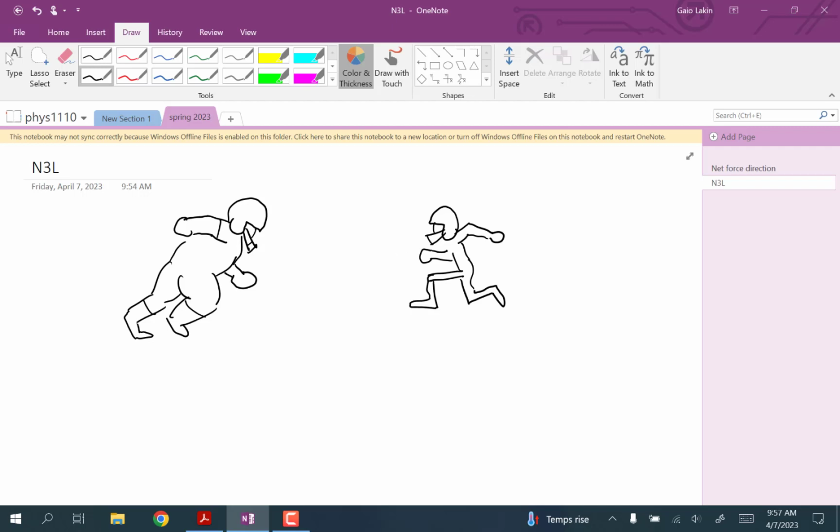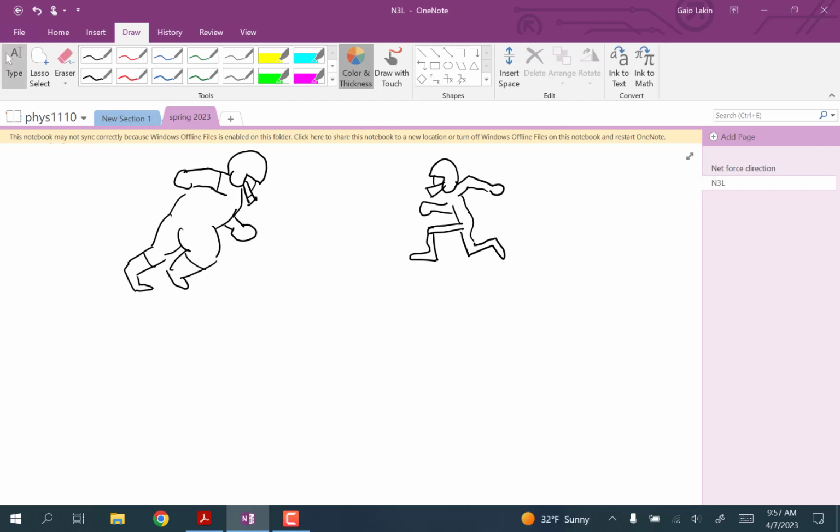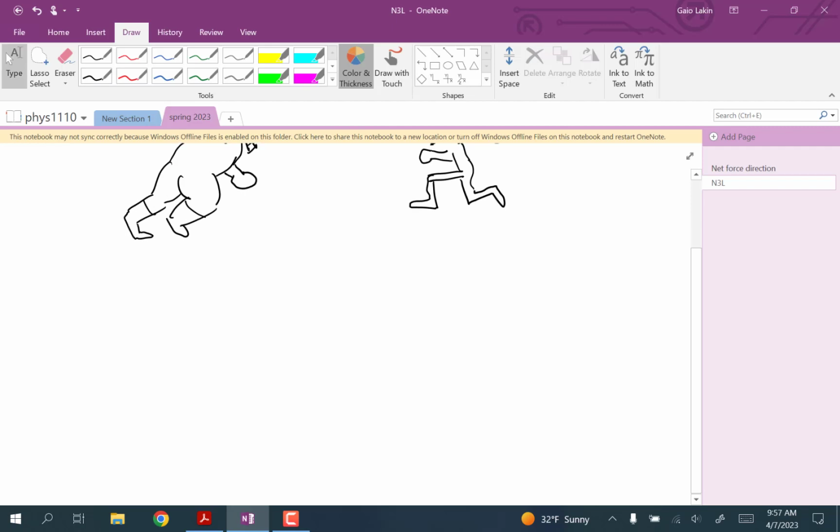The smaller player is going to go flying back the way he came, and so that's what makes it hard to wrap your head around the fact that it's natural to think that the bigger player is applying a larger magnitude force to the smaller player than vice versa. Well, let's look at free body diagrams of these two players and then think about Newton's second law, and that's going to clear up how this works.